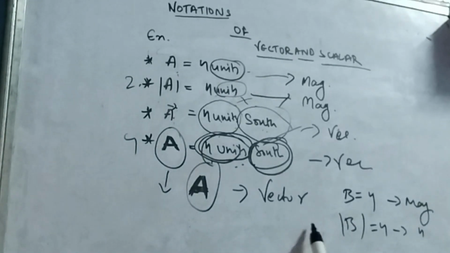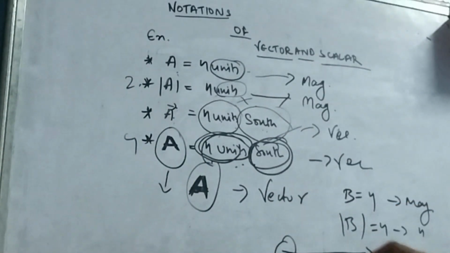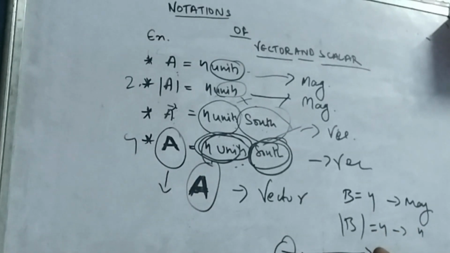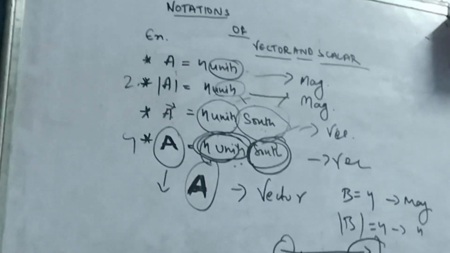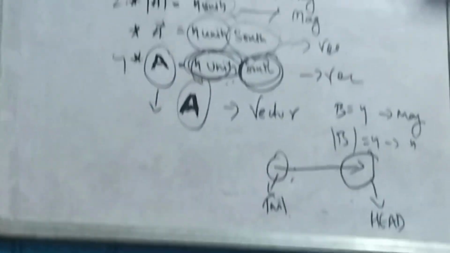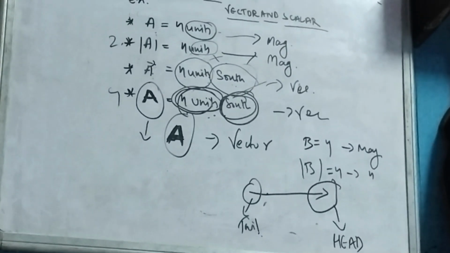And for an example of a vector, we consider this. This is known as the tail of a vector. This is important, note it all. This is considered as the tail of the vector, and this is considered as the head of a vector. Got it? Oh, I'm sorry, my camera angle was not correct. Please see here.